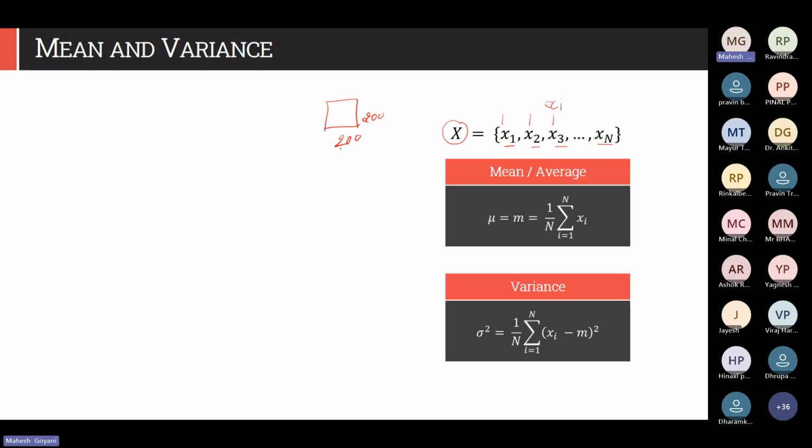But if we compute, it has 200 into 200, that is 40,000 pixels. So whenever you are dealing with an image of just size 200 by 200, you have to process 40,000 pixels. And this could be done for many images, maybe 10 images, 100 images, thousands of images. So computationally, that will be very, very intense.